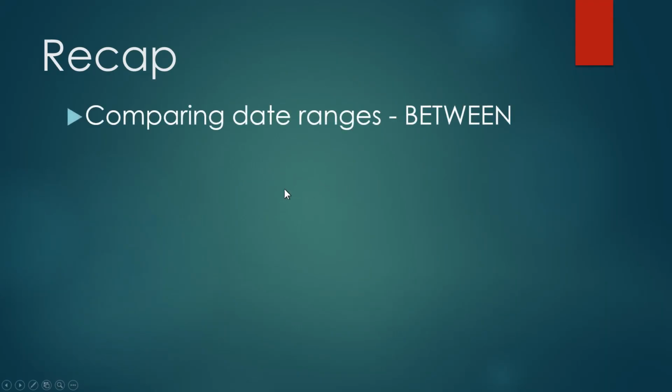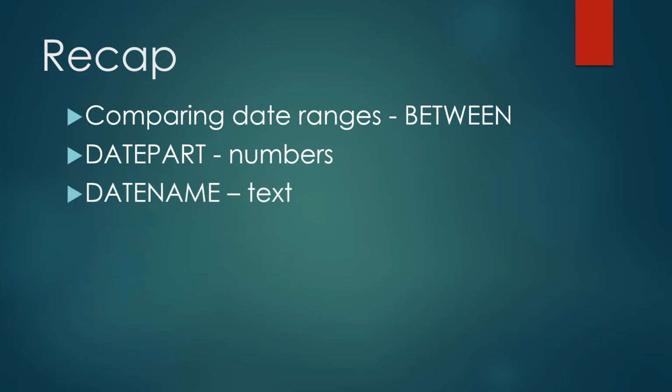So let's just recap everything we've covered here in dates, which was fairly substantial. We talked about comparing date ranges using greater than or less than and using the between operator. We talked about the date part function, which can extract any part of a date and the output is in a number. And we can use date name for extracting the text part of a date, such as the day of the week or the month.